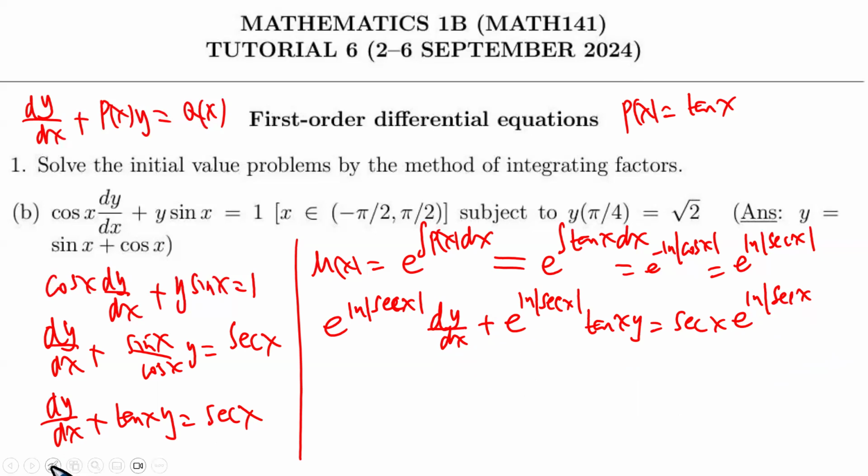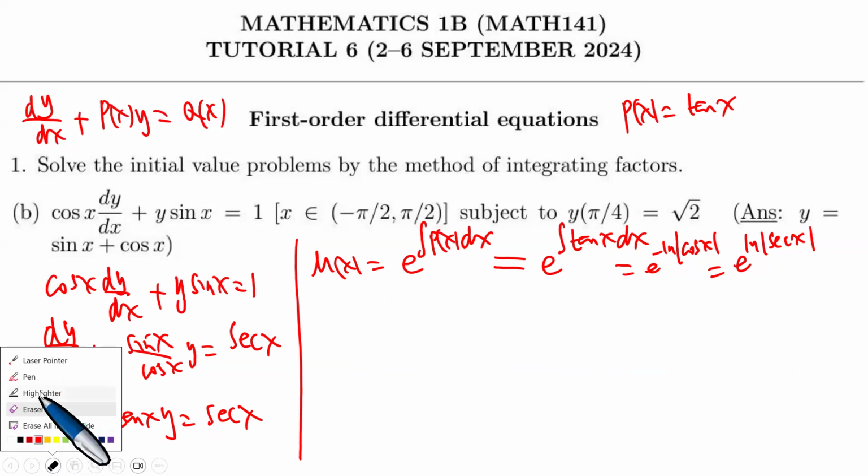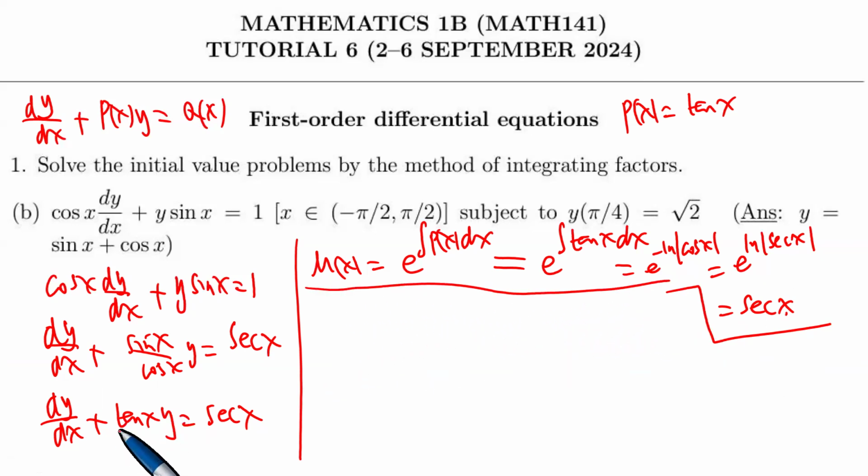Okay, we can simplify it, because what is e to the ln of secant of x? This is just the secant of x. So you can use that. Multiply both sides by the secant here.